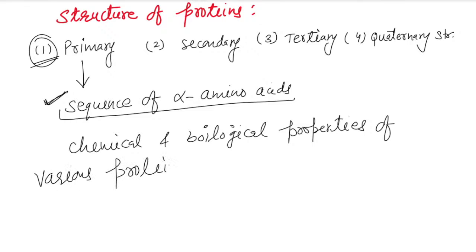That's why the sequence of alpha amino acids is very, very important. If the primary structure changes, meaning the sequence changes, the whole property of the system, the biological activity, changes. If there is a change in sequence, then the biological activity of the particular protein is completely destroyed.